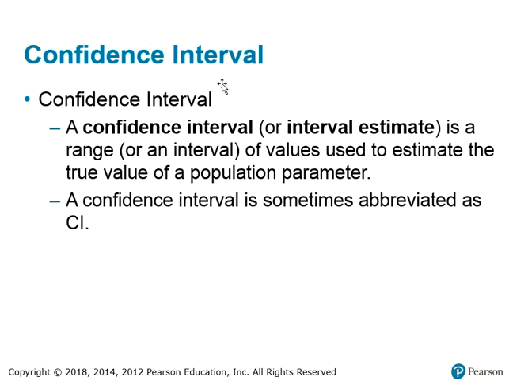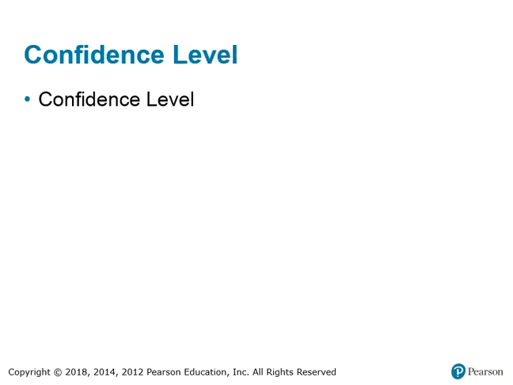Now we're going to use that information to help us find an interval. So instead of using a specific number and saying that's what it is, we're going to say instead we have this interval where we think that the true population proportion is going to fall. We use the abbreviation CI for confidence interval. Before we can do our interval, we have to think about what our confidence level is.